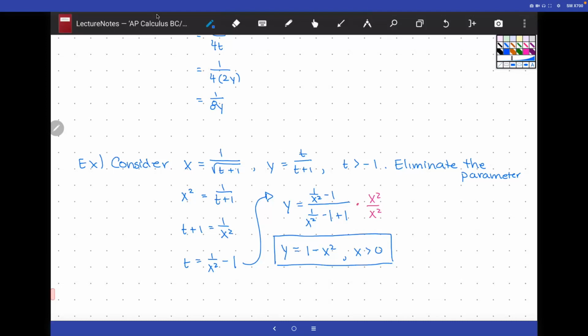This will take care of it. The question was, are there any restrictions with respect to y? And no, the x restriction will take care of the y restriction. You've got to think about it, but on this one, it will take care of it.